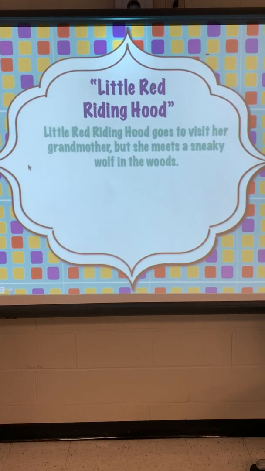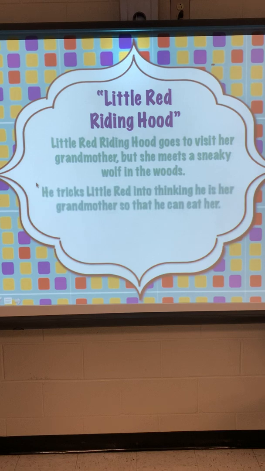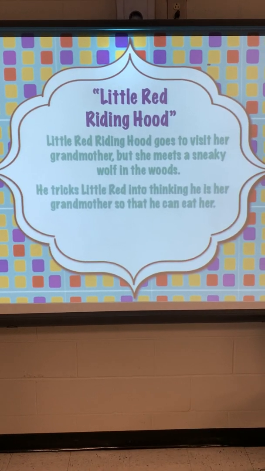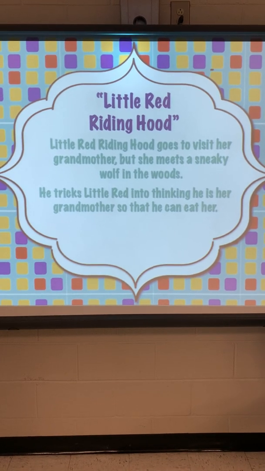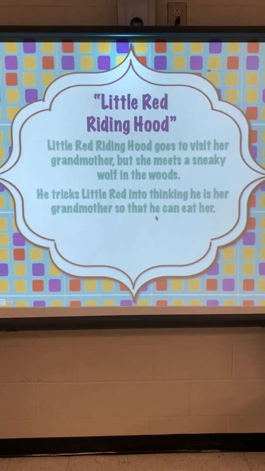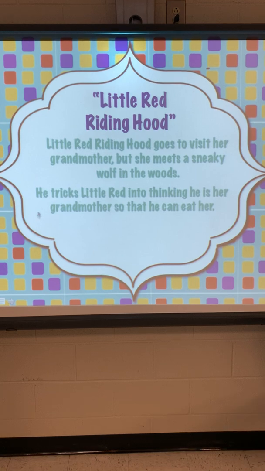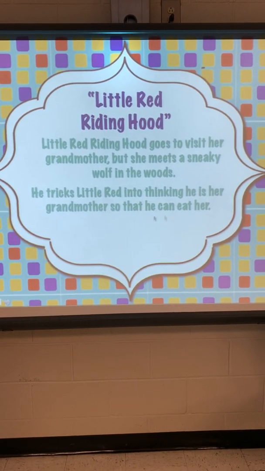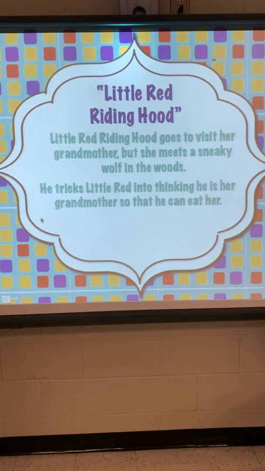Okay, let's see what else we can do. He tricks Little Red into thinking he is her grandmother so that he can eat her. We're getting into some of the problem now. The problem that Red is dealing with is that she's being tricked by this wolf. Is she going to fall for it? Is she going to get eaten? Let's continue.